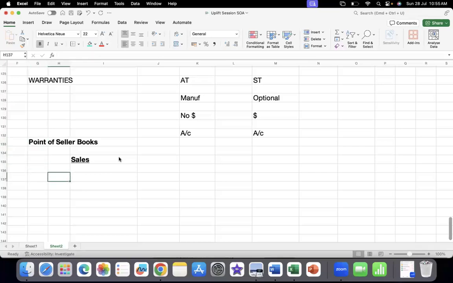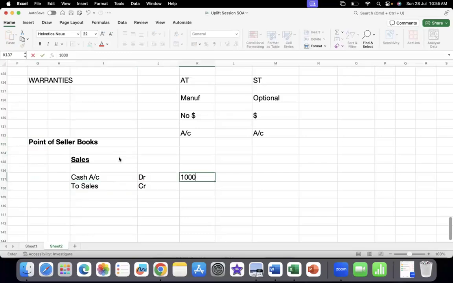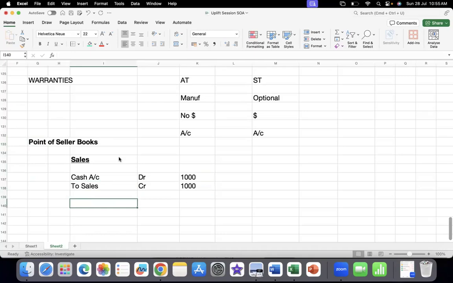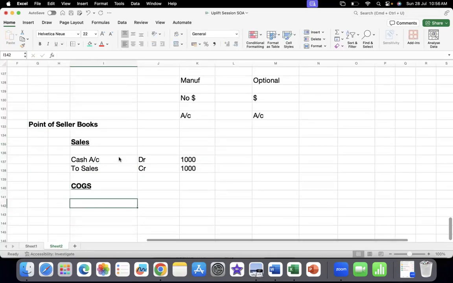So the buyer is fine. The seller will debit the cash account because cash is coming in, and then he's going to record sales, credit, with the value, say 1,000. But because he has sold something, there would be a COGS entry also, which he needs to pass, because for every sale there would be a cost.